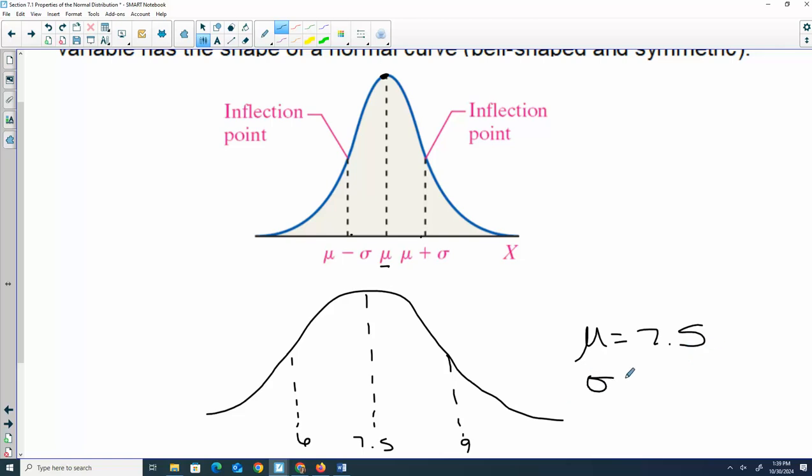The standard deviation is how far from the mean to 1 point away. 9 minus 7.5 is 1.5, or you could do 7.5 minus 6, it's 1.5.